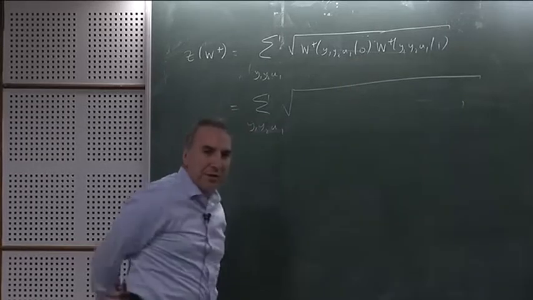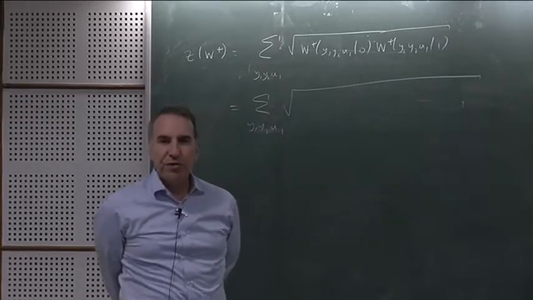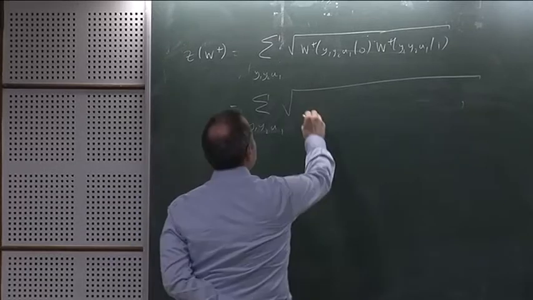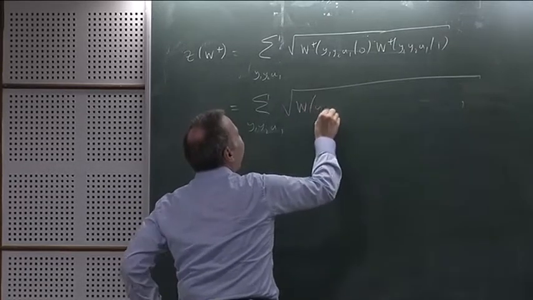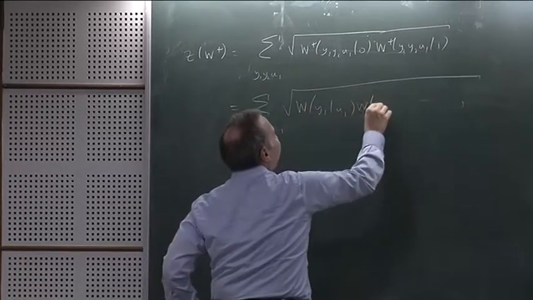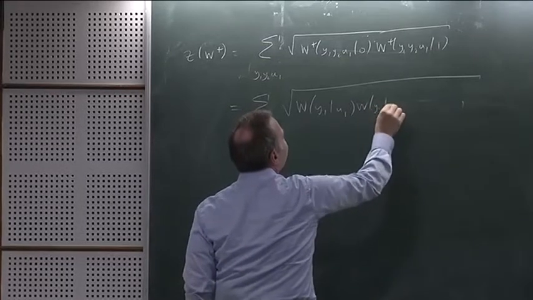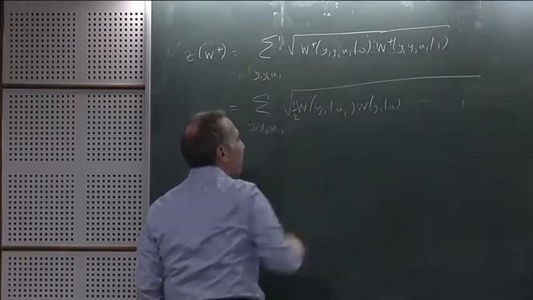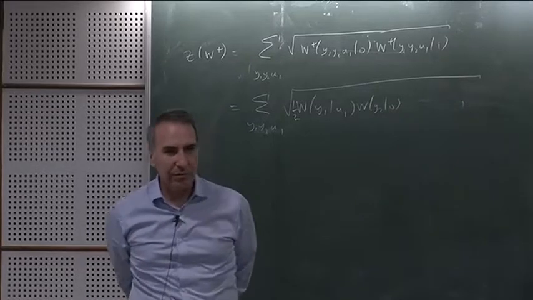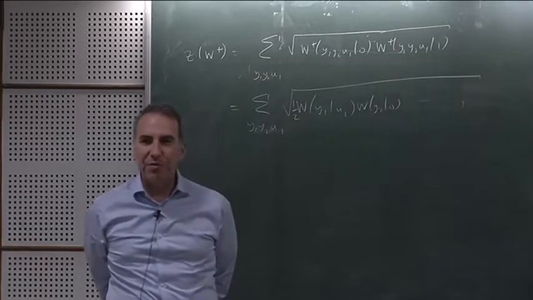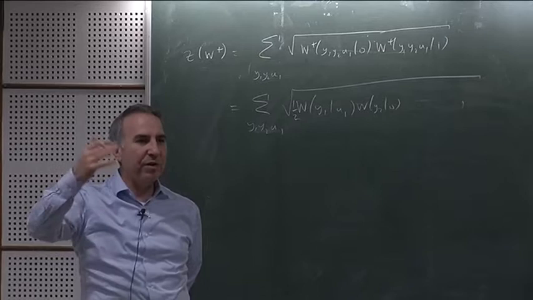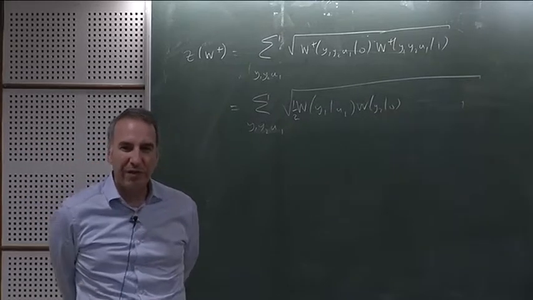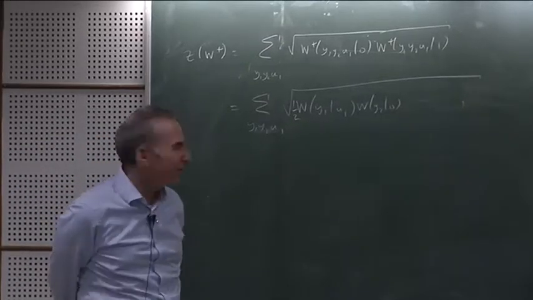If U2 is 0, what we get is that the first channel gets U1, the second channel gets 0, but with a 1/2, because remember that the W plus of something is always 1/2 times W of Y1 given something, and W of Y2 given U2.